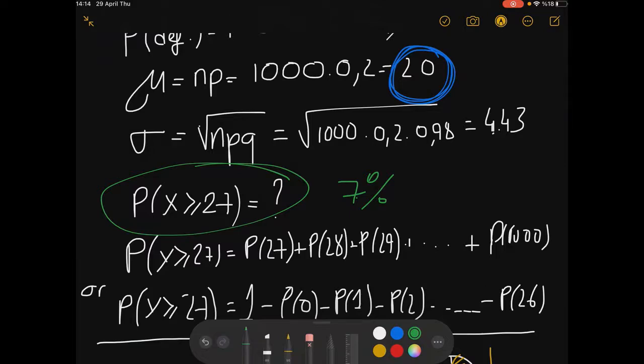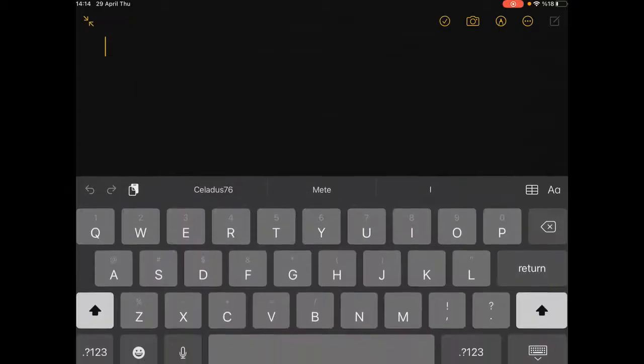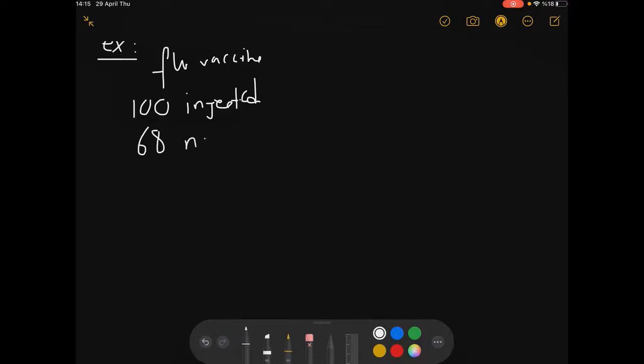Okay, let's just solve another example about the normal distribution to make a promotion for our next chapter as well. I think this is a rather popular example, although it's an old example taken from the textbook. This is an example about a flu vaccine. 100 people are injected with this new flu vaccine, and 68 people are not infected within that group.